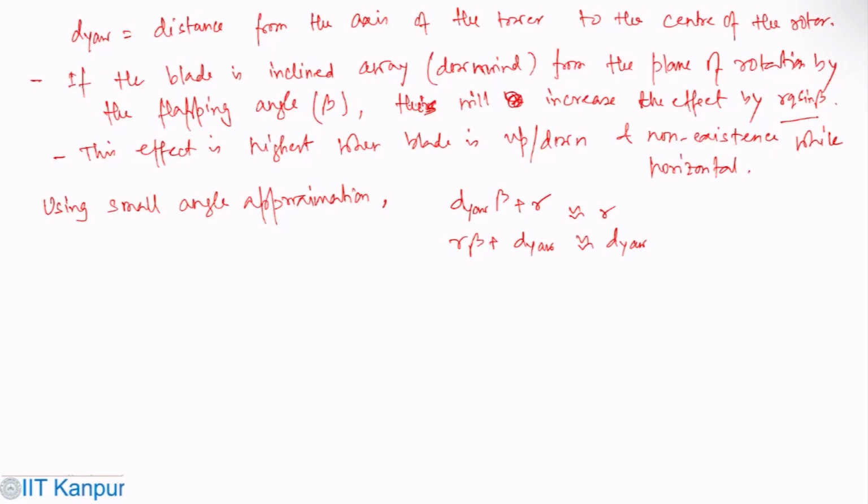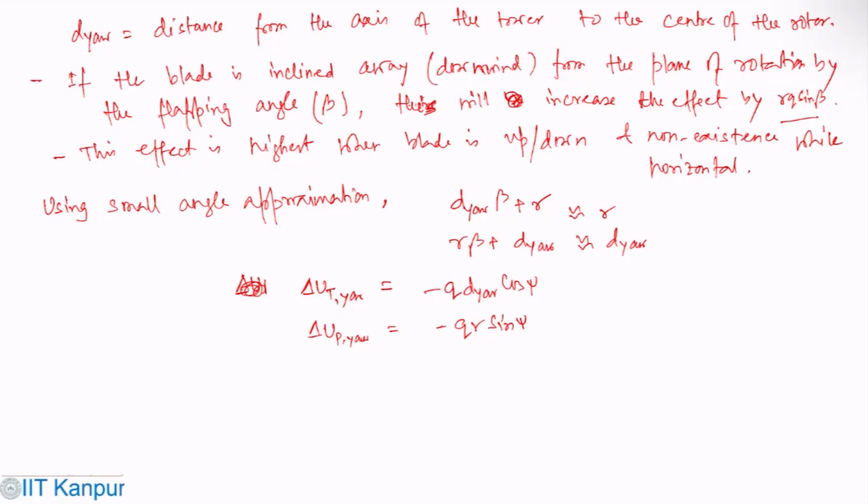So what we have is delta u_t due to yaw equals q d_yaw cos psi, and delta u_p equals minus q R sin psi.